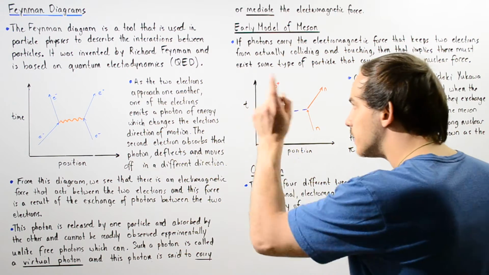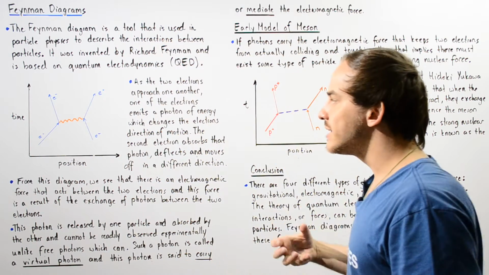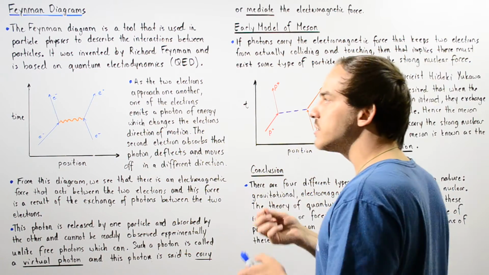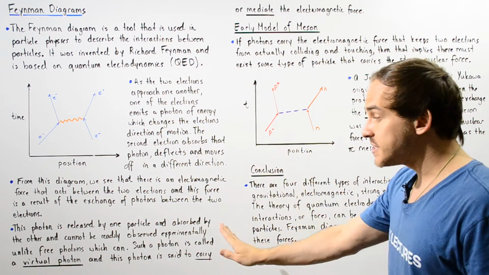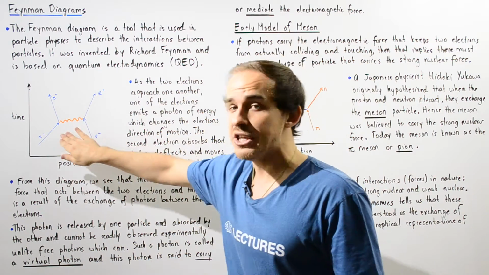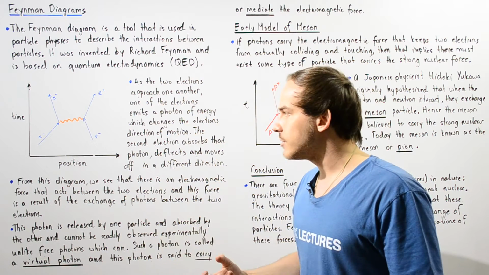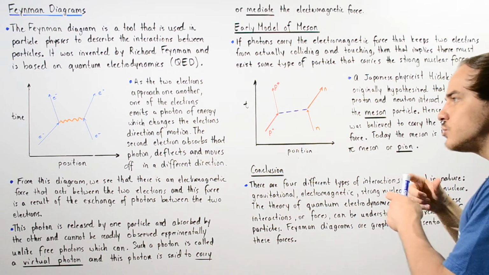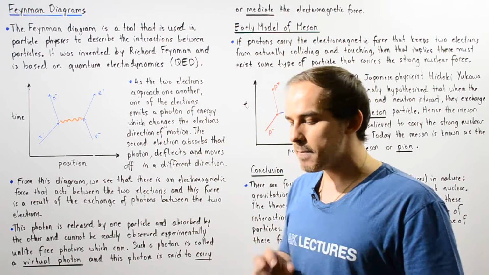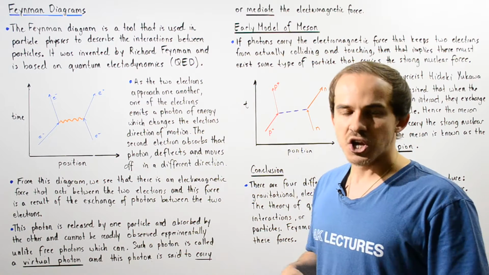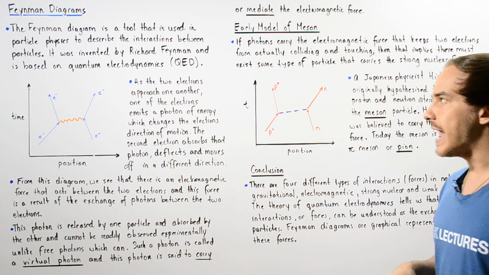But in quantum electrodynamics, we instead use the Feynman diagram to describe the way that our particles interact with one another, and we see that the force, specifically the electromagnetic force in this case, is carried by a photon of energy. Now if the electromagnetic force is carried by a photon, by a particle, we can imagine that other forces, such as the strong nuclear force, is also carried by a particle.